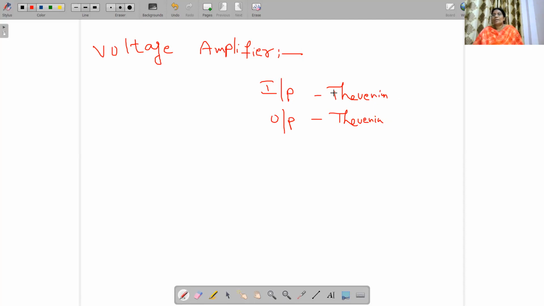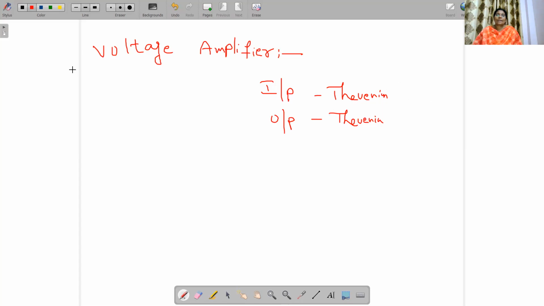The input side is a voltage source, and the output is also a voltage source.